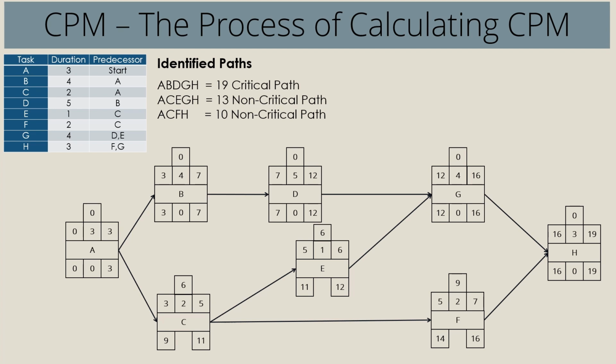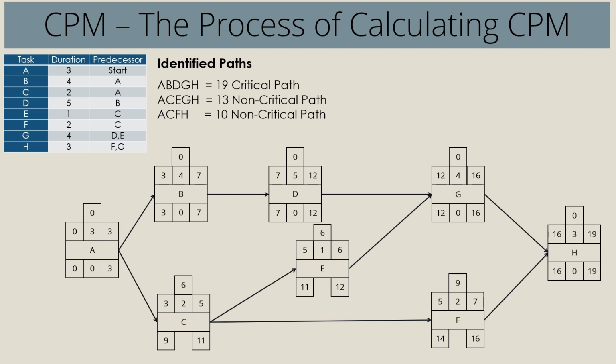So 7 minus 3 minus 4, that gives us 0. Same thing goes for activity D. We would have 12 minus 7 minus 5, that gives us 0. And the free float of activity G, we would have 16 minus 12 minus 4, that's 0.